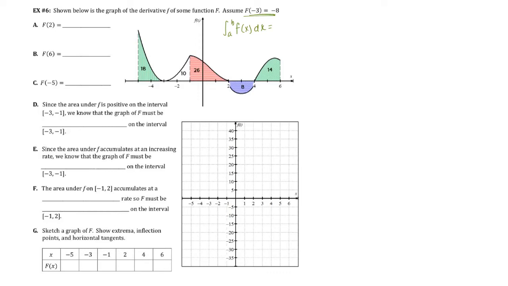If we integrate a derivative, we get our function back. And since we have endpoints, we always did the top endpoint minus the bottom endpoint. So that's what this is contingent on us remembering.